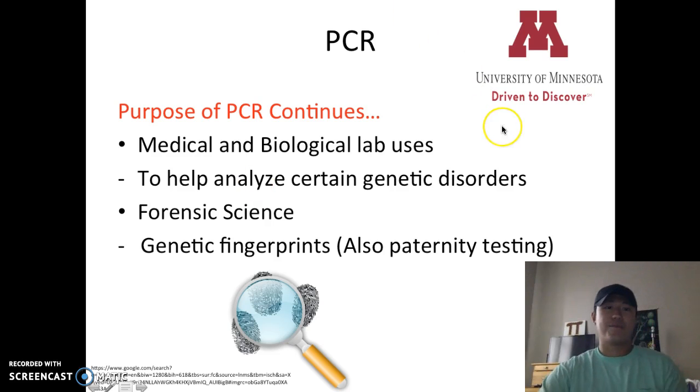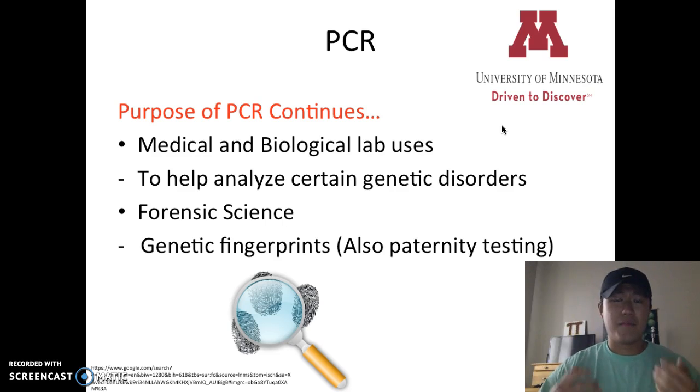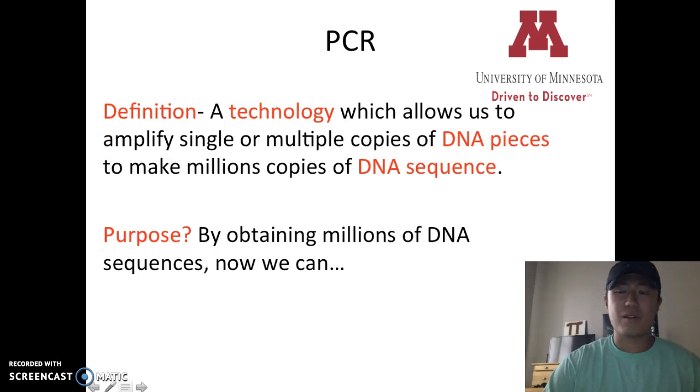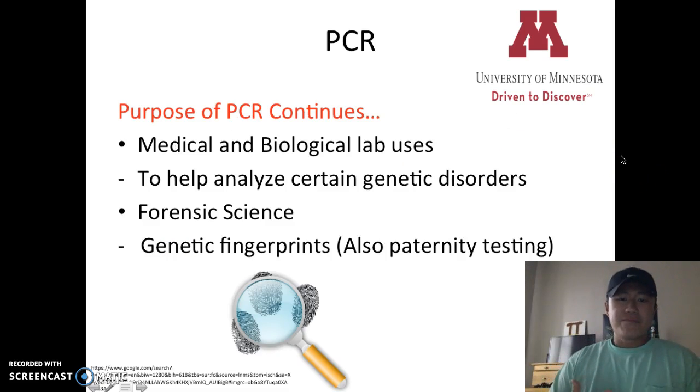Okay, so the purpose of PCR can actually be many things. It can be found in a bunch of applications in science, but the main ones are medical and biological lab uses. So, like the example I talked about back in the definition, you might need 4 or 5 bags of sugar, but you only have one to make cookies.